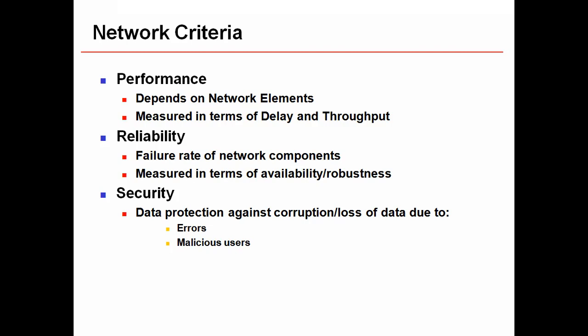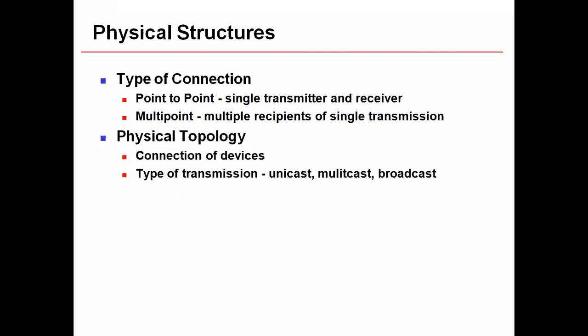All those things come under security: data protection against corruption and loss of data, which may be due to error or malicious users. So performance, reliability, and security are very important when we form a network.